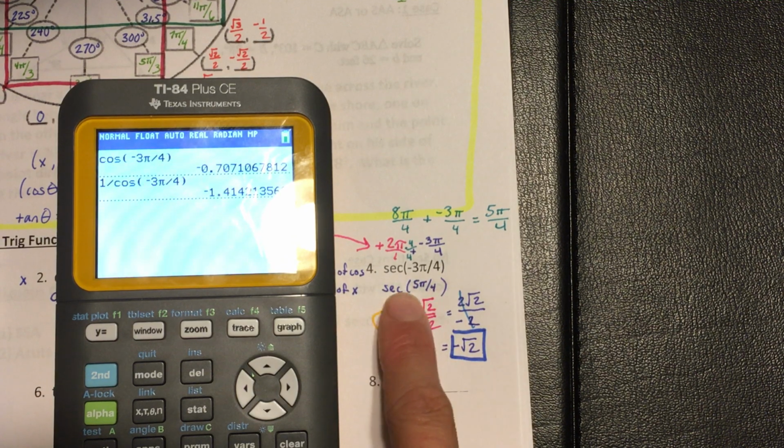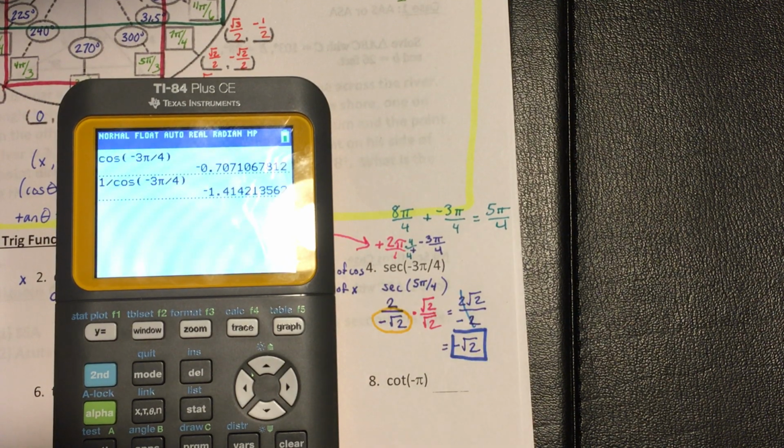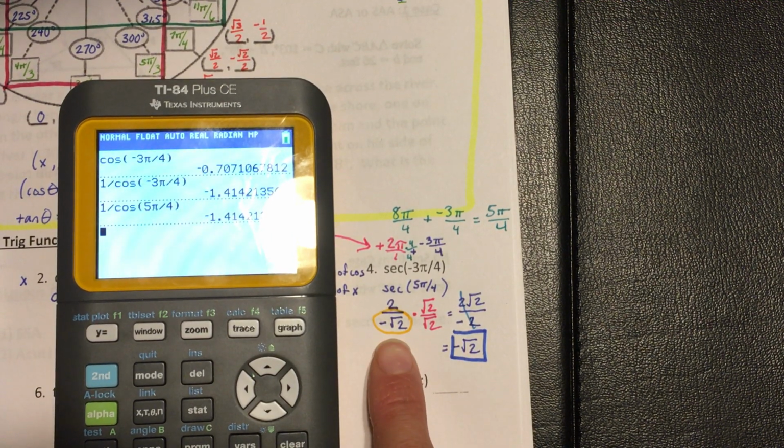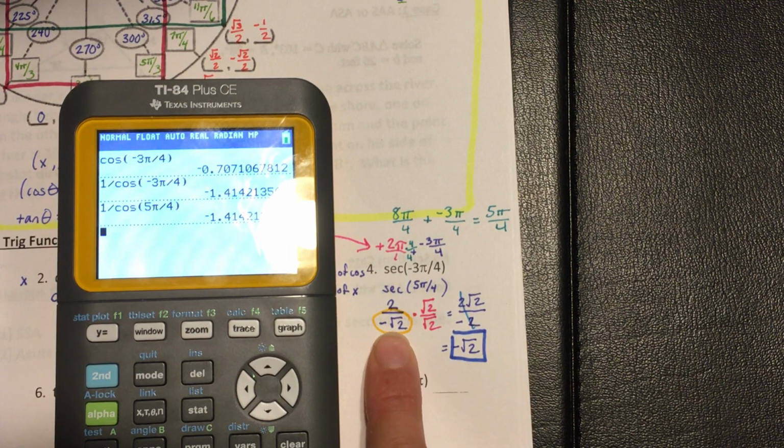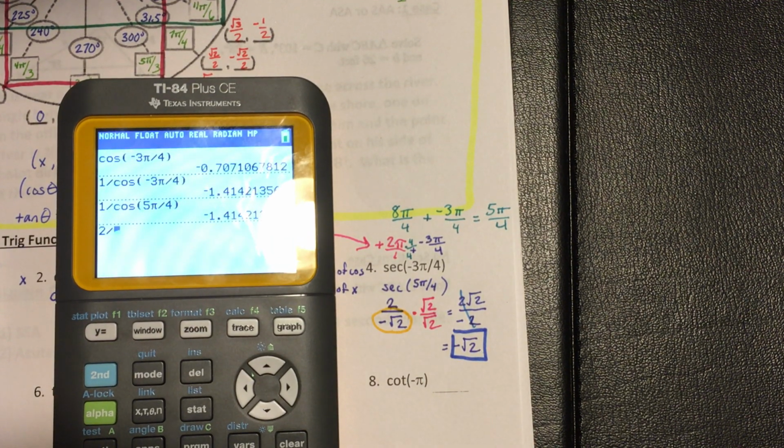Now, I can show that this is equal to the secant of 5 pi over 4 by doing 1 divided by cosine of 5 pi over 4. And ta-da, same nasty decimal. I can take this non-rationalized fraction, 2 divided by negative rad 2.